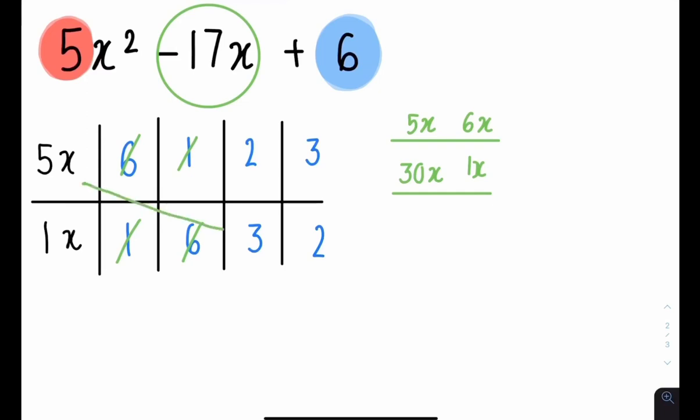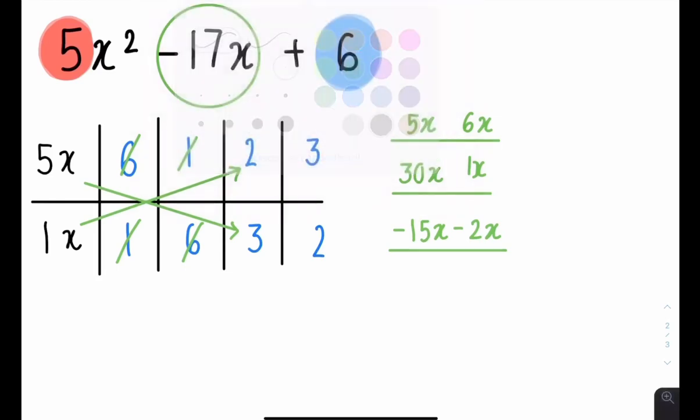Here we have 5x multiplied by 3, which is 15x, and 1x multiplied by 2, which gives you 2x. Can we use these two terms by adding or subtracting them from each other to give you minus 17x? Yes, we could do minus 15x minus 2x. Because we've turned both of them into a minus, you need to put a minus here and a minus here, because 5x multiplied by minus 3 gives you minus 15x, and 1x multiplied by minus 2 gives you minus 2x.